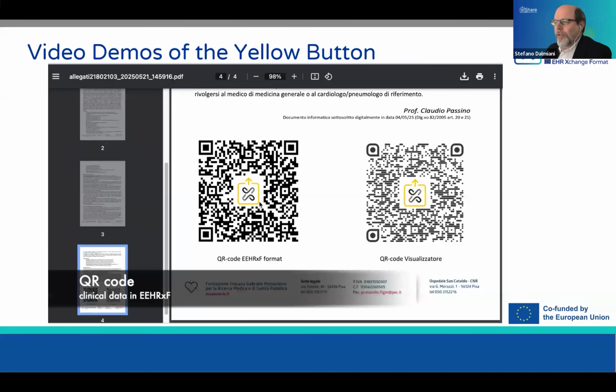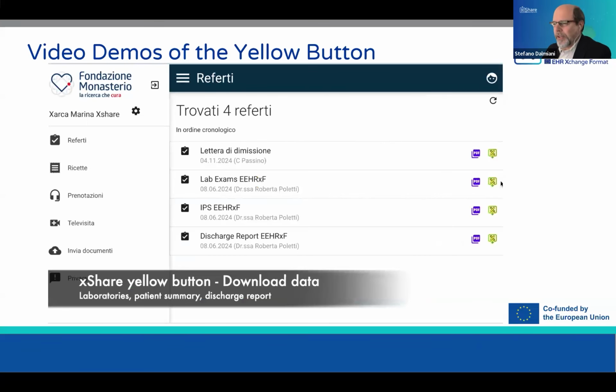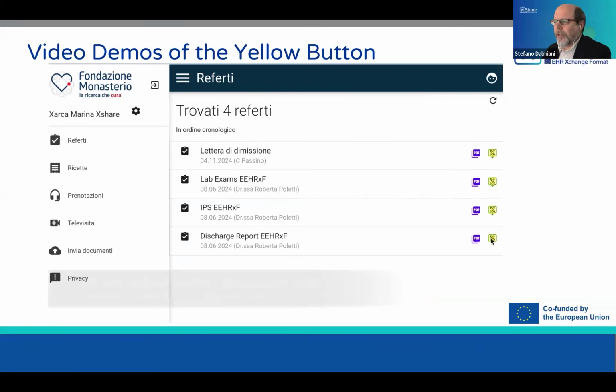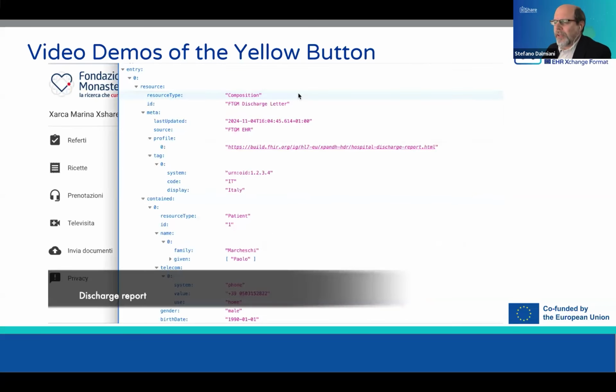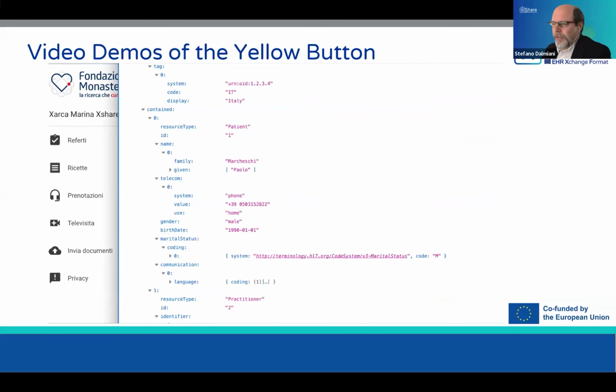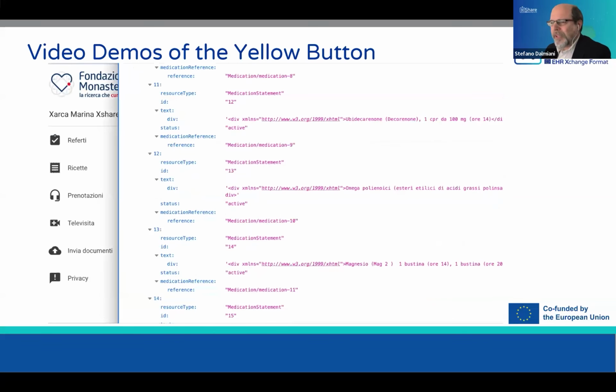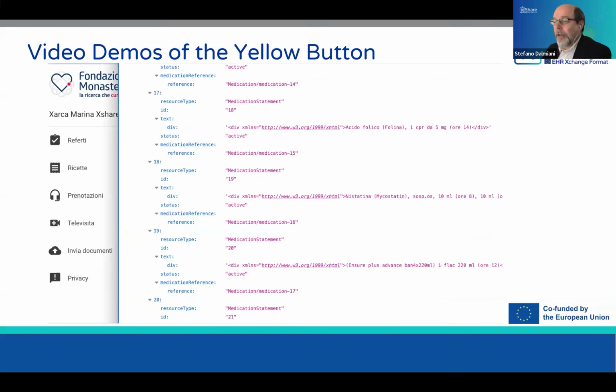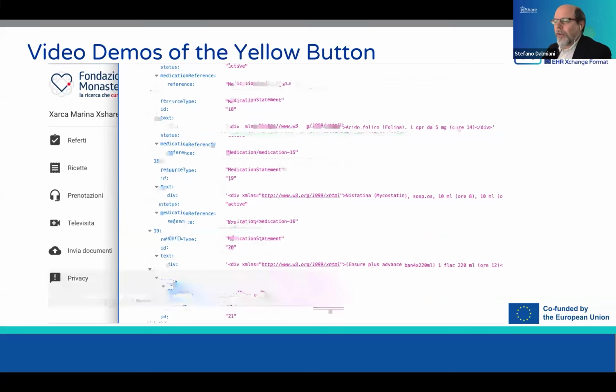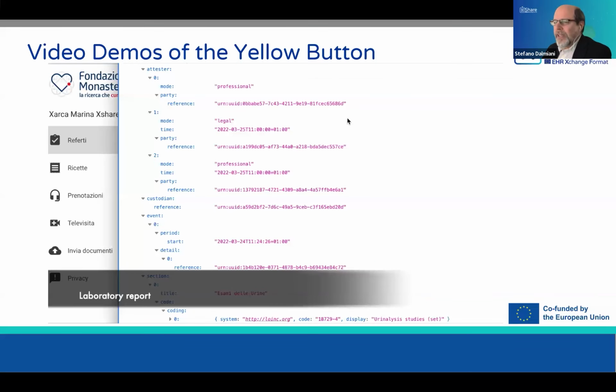Here you have the two QR codes that you can use just to send to somebody in front of you the structured data to be imported in another system. But you can download, only if you want, the discharge report in a structured format. So this is, of course, not for the patient, but just to exchange information between computers, and you can have this file locally on your PC or on your smartphone.